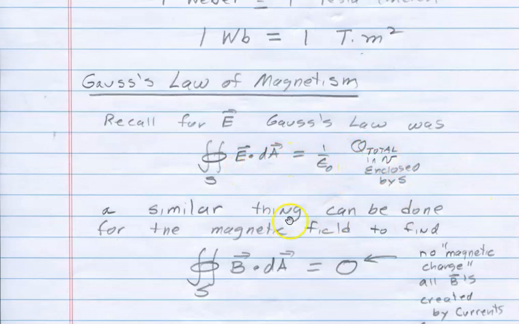But a similar thing could be done here. It turns out that it's exactly identical. The total magnetic flux through a closed surface, Gauss's law always has a closed surface, would be equal to some constant times the total, not electric charge enclosed, but magnetic charge, if any existed.